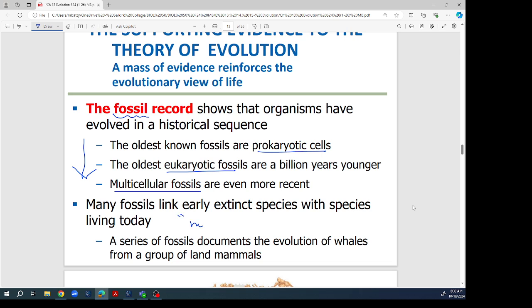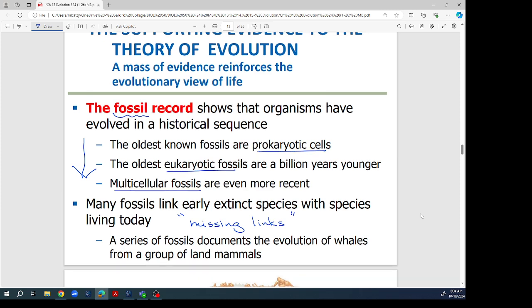Some of these are the missing links sometimes that we look for. The idea that humans evolved from apes is another one of those misconceptions. Maybe it's better to say that humans and apes had a common ancestor. And so looking back in the fossil record, we're looking for those common ancestors.